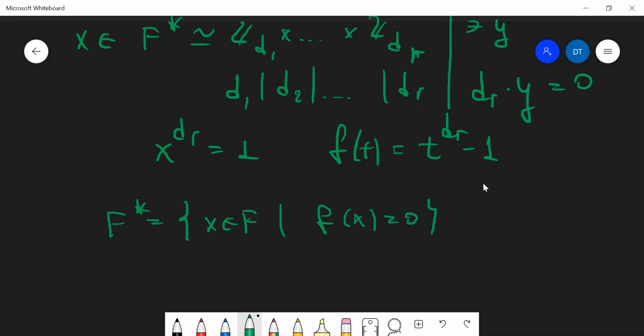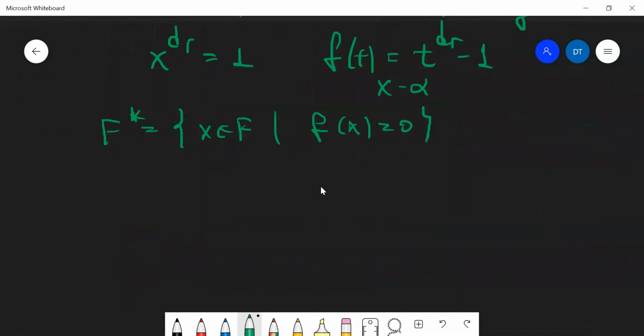But we know that this polynomial has at most dr roots. This is because of the unique factorization property. If a polynomial has a root, it means that it has a factor of the form x minus alpha. So alpha is a root of f if and only if x minus alpha divides f.